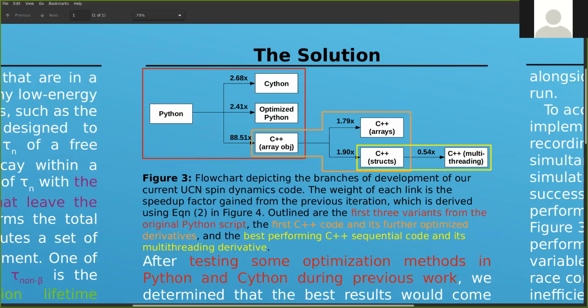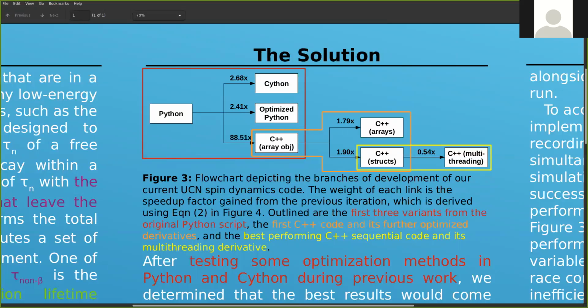Combined, these two things resulted in a C++ simulation code that was about 88.5 times faster than the original Python version. The cache variable method netted a speedup factor of about 2.2 in Python, so if that were still assumed to have the same effect in C++, the conversion to C++ had a speedup factor of at least 40 on its own.